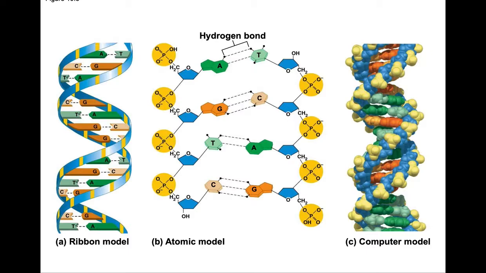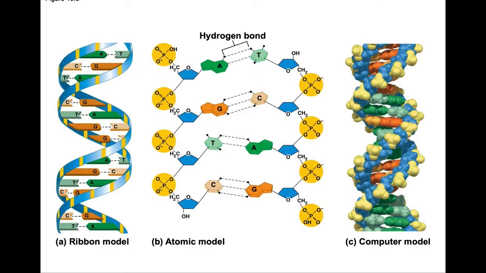So if you look at the pentose blue sugar there, the blue sugar shows oxygen on the left going up, and then the oxygen on the right is going down. The reason for that is because DNA is considered anti-parallel. Now what does that mean? It means that one side of the DNA molecule goes in one direction, whereas the opposite side goes in the opposite direction.